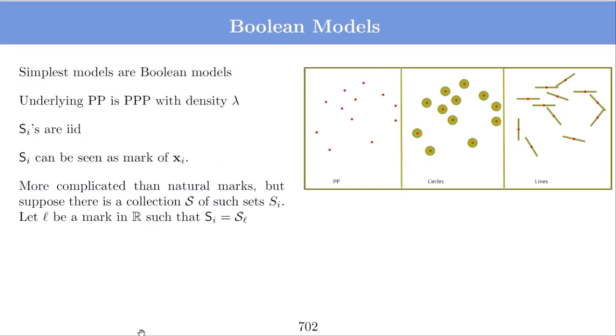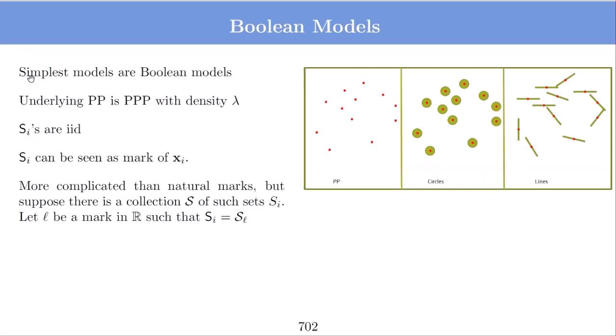If the mark is 1, the random object is associated with S1. If it is marked as 3, the random object is associated with S3. So there are multiple ways you can look at this, but more or less the S_i are connected with the x_i and can be seen as marks.